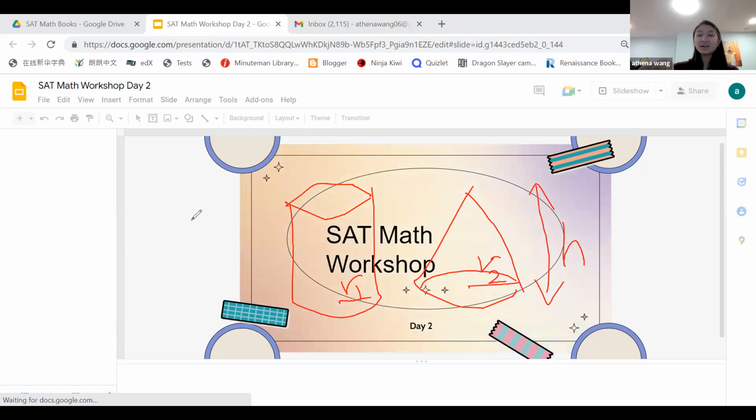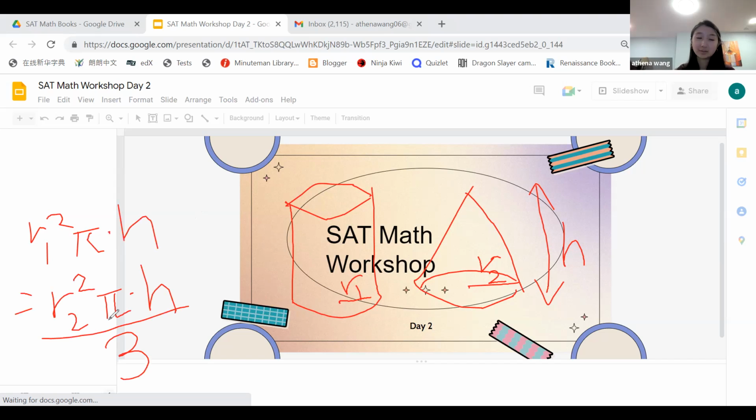So we can just use the volume of a cylinder and the volume of a cone to compute this. So we have that R1 squared times pi times h, because that is the volume of a cylinder, is equal to R2 squared times pi times h over 3, because this is the volume of a cone.